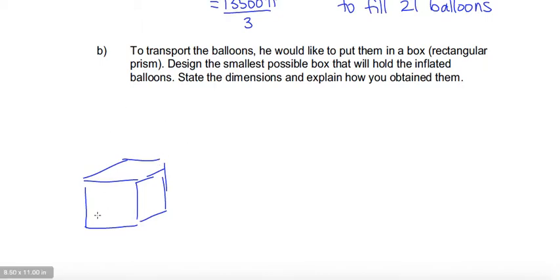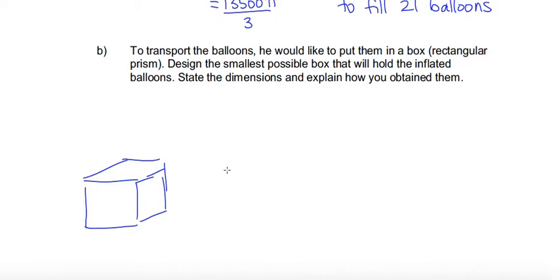We could either have only one balloon across, with a really long, narrow box, or we could stack the balloons on top of each other to have more of a square type box. It won't be completely square. So you want to think about how you want to do this. You'll notice there are no dimensions in this question, because how you stack your balloons might be different than how someone else might stack their balloons.